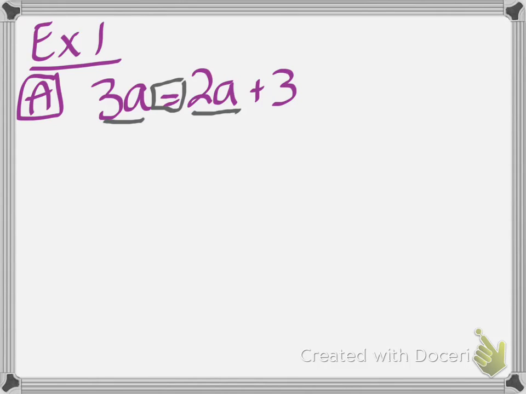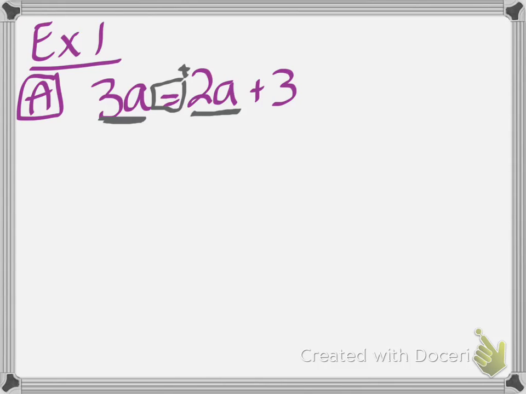So in order to collect them, I have a choice. Should I move the 3a to the right side, or should I move the 2a to the left side? My strategy is I look at which one is bigger, and I want to keep everything as positive as possible to avoid those negatives. So I'm going to move 2a.